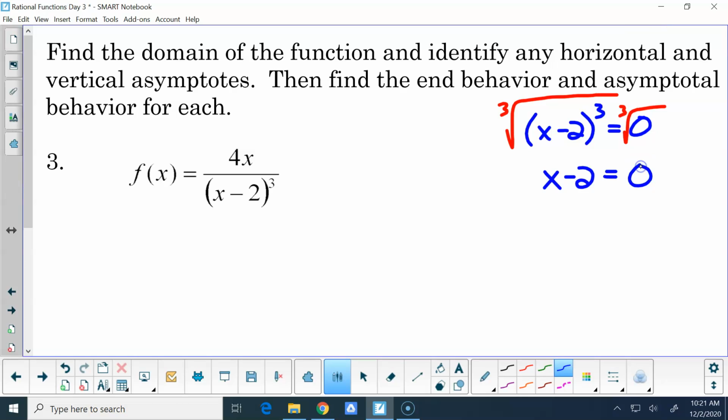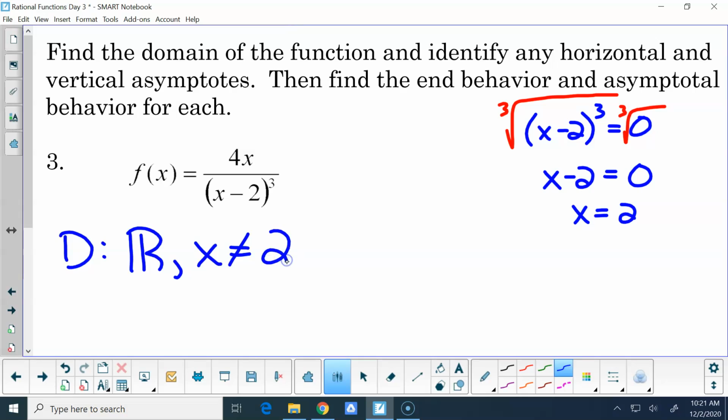Well, that's just going to be 0. So then I get x equals 2 as my one restriction. So my domain would be all real numbers, but x cannot equal 2. If that's the case, what's my vertical asymptote? X equals 2. Yep.